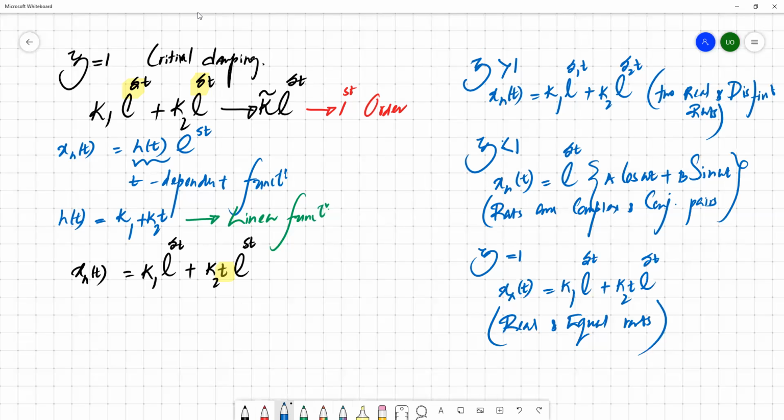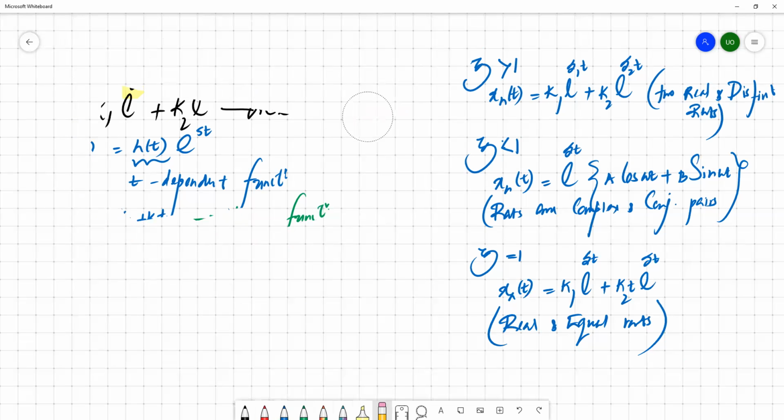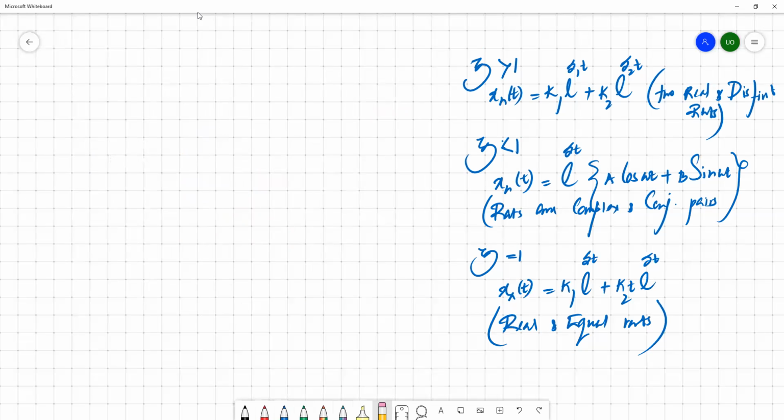So now we can see what the responses would be for these three cases. For the first case, if you have two exponentials, it would be either this form or this form.